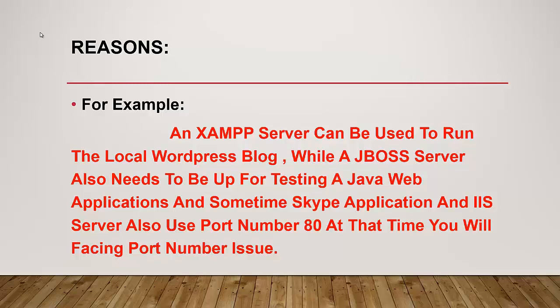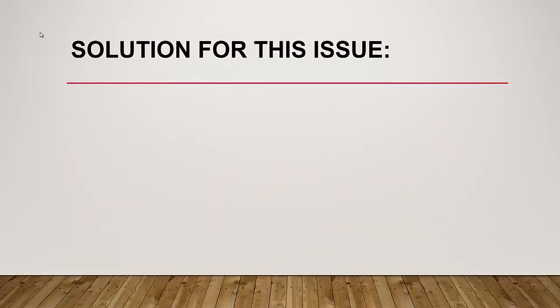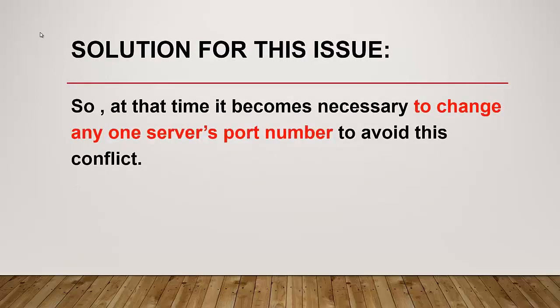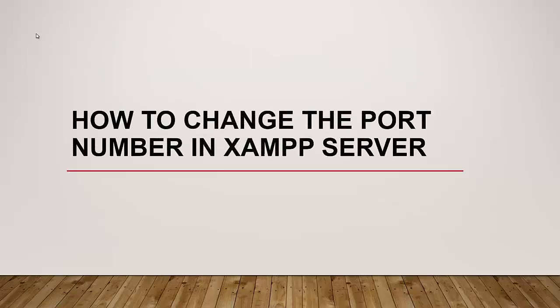At that time, you will face a port number issue. Solution for this issue: at that time, it becomes necessary to change any one server's port number to avoid this conflict. Then after, I will explain how to change the port number in XAMPP server.